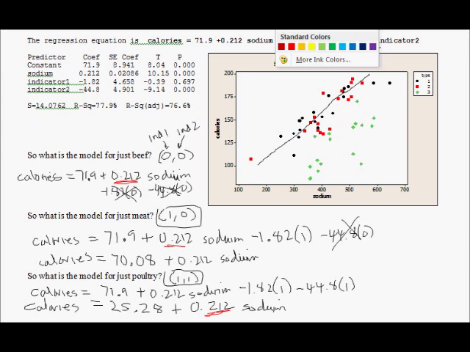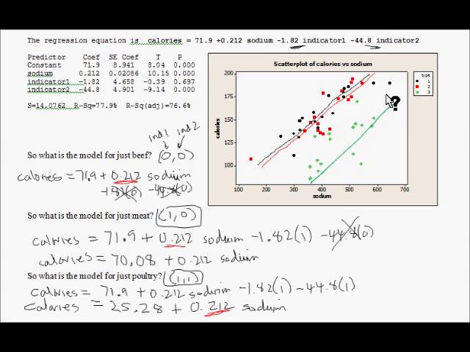Just below it, same slope, 1.82 below it is the model for the meat, and those are parallel lines. And below that by quite a bit, that's another 44.8 below that, but it should be parallel, is the model for the type 3, the poultry.